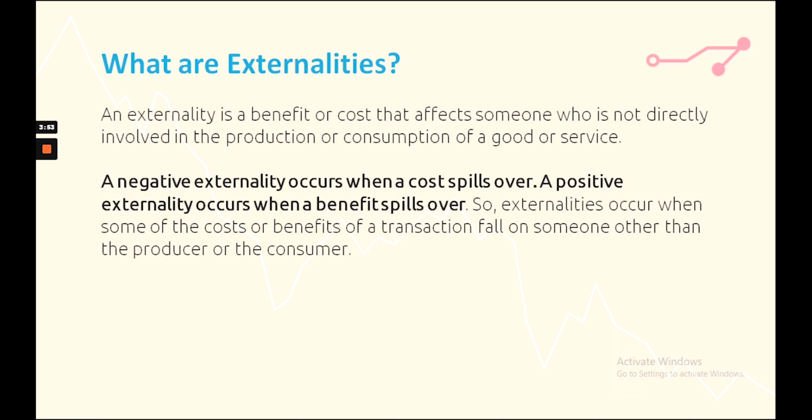So the costs and benefits can be both private or social, and externalities occur in an economy when the production or consumption of a specific good or service impacts a third party. That means an unrelated third party gets affected or takes up the benefit of a particular consumption or production of a good.